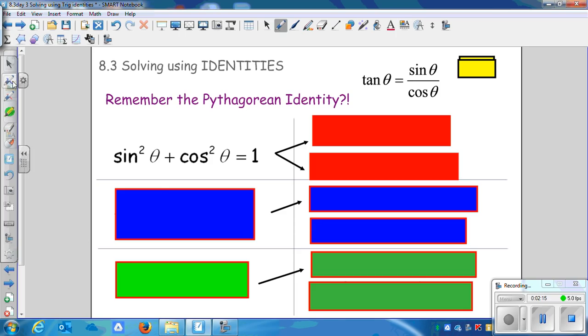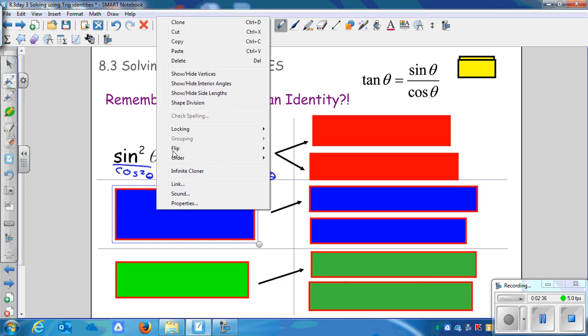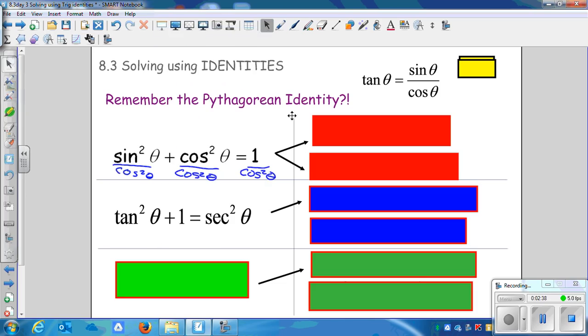So let me go ahead and take my pen here. If I take this equation and I divide through by cosine squared theta, I can generate a new equation out of it. So cosine squared theta and cosine squared theta. And when we look at what this generates, we've generated the equation tangent squared theta plus 1 equals secant squared theta.